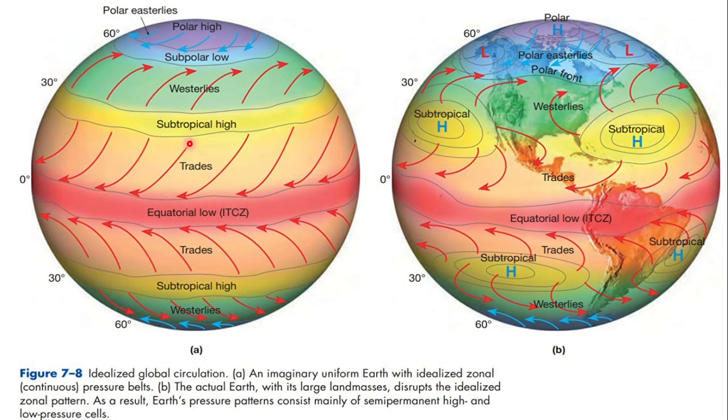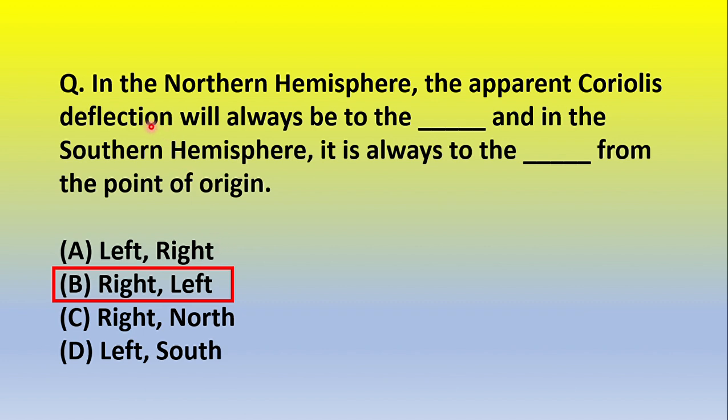So when wind blows, it deflects to the right side, or right hand side, in the northern hemisphere, and deflects to the left side in the southern hemisphere. This phenomenon is known as Coriolis effect. So in northern hemisphere wind deflects to the right side, and in southern hemisphere wind deflects to the left side. So correct answer is B.